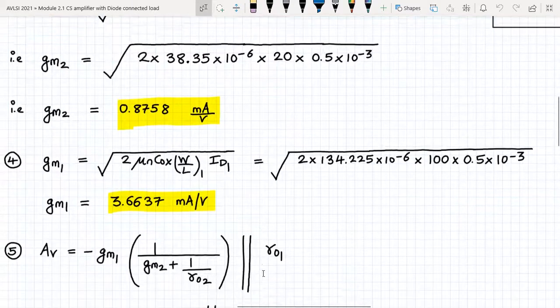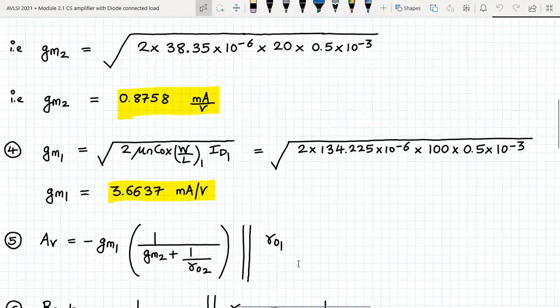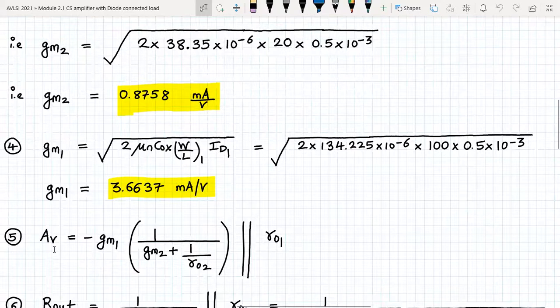Now we are not using the approximated formula. In fact, we are using the exact formula of AV to calculate the gain accurately. Earlier we ignored RO2 and RO1, but now we cannot because the value of lambda is given. Earlier the formula was minus GM1 divided by GM2 parallel to RO1.